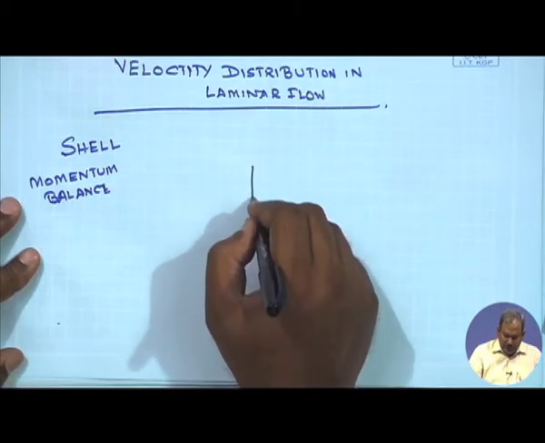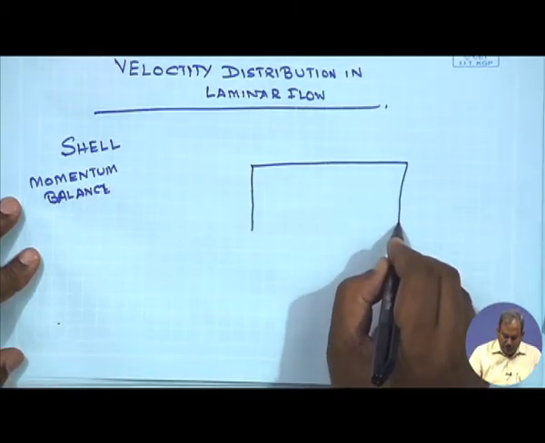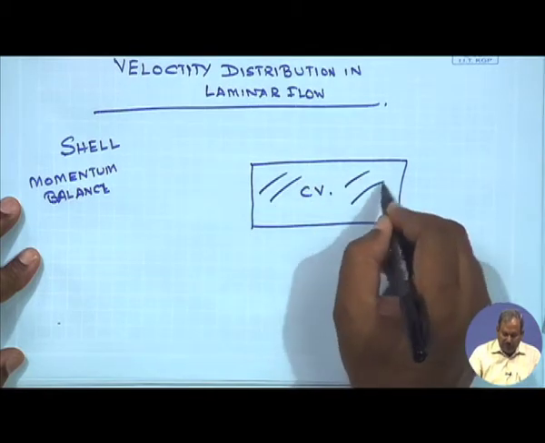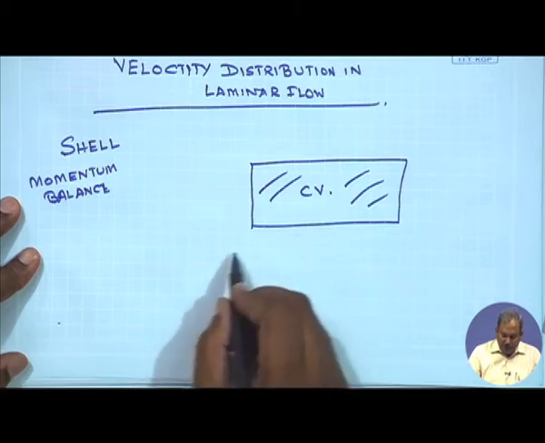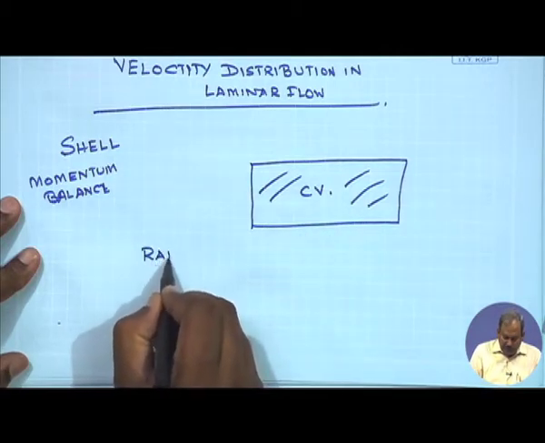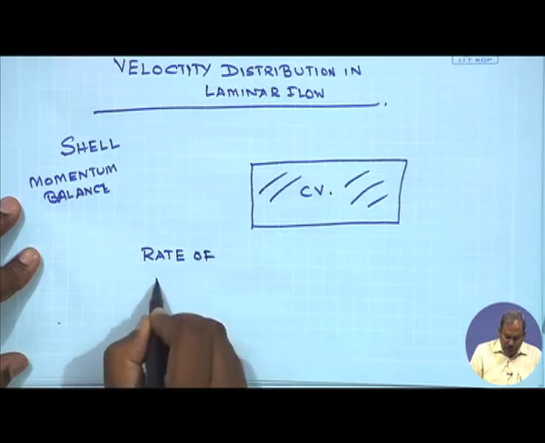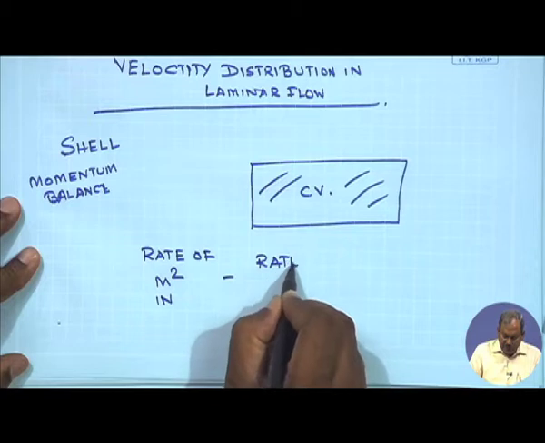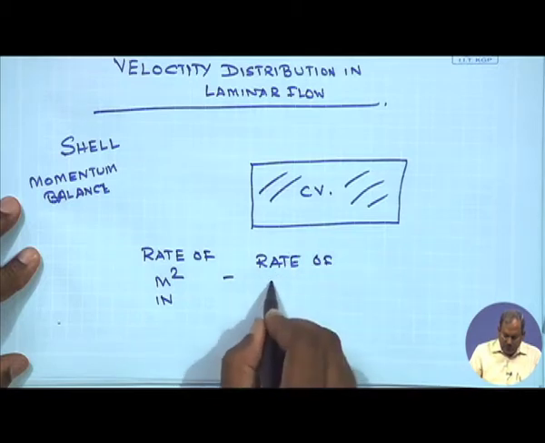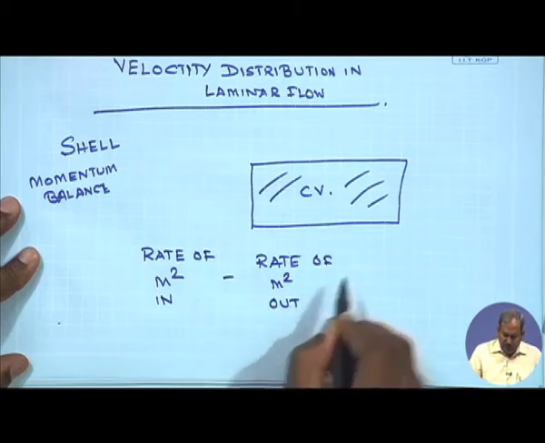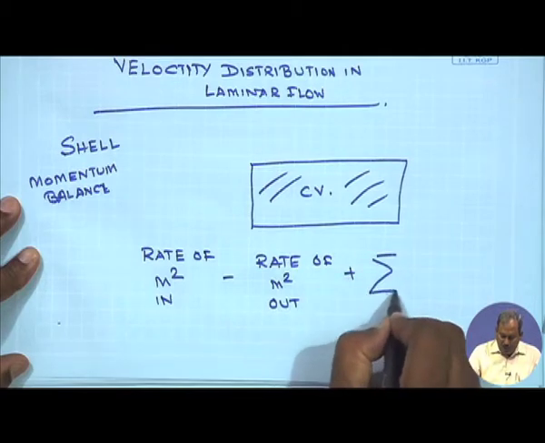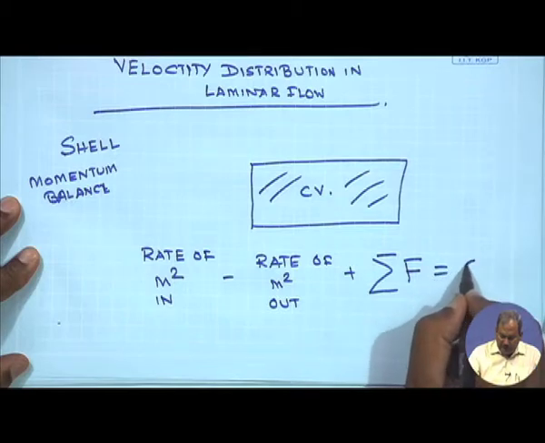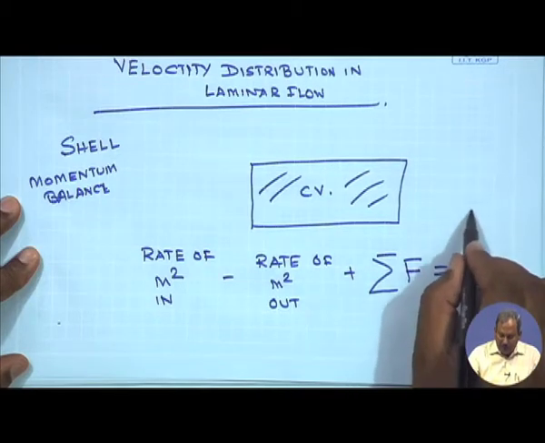If you think of a control volume like this, consisting of some fluid, then the rate of momentum in minus the rate of momentum out plus the sum of all forces acting on the control volume, at steady state, is going to be equal to 0.